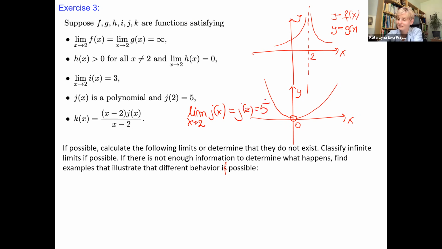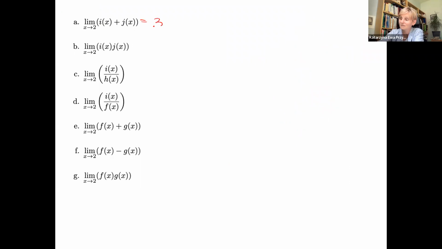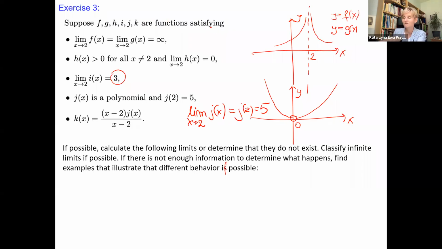And that will be 5. It means 3 and 5. I will use this. The limit of i is 3, j is 5, the limit is 8. 3 and 5, am I? Yes. For i the limit is 3, for the j limit is 5.